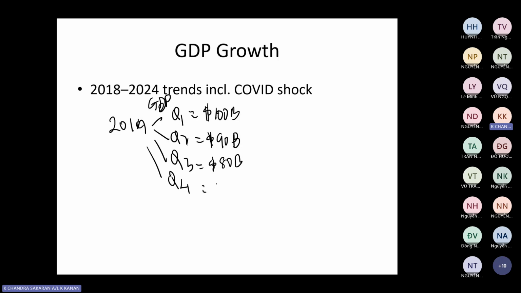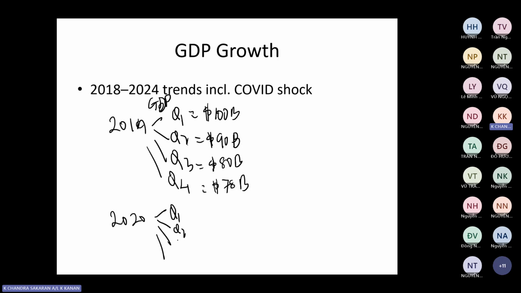Let's say this one is 78 billion. That means throughout the 4 quarters, the GDP is continuously dropping. That means the economy is contracting, not good. There is recession. Then you look at 2020, they also give you the 4 quarters of data.